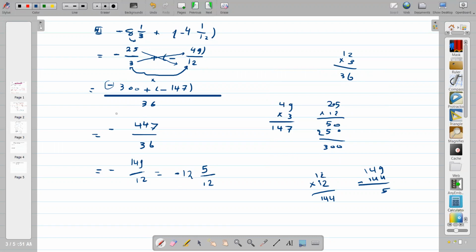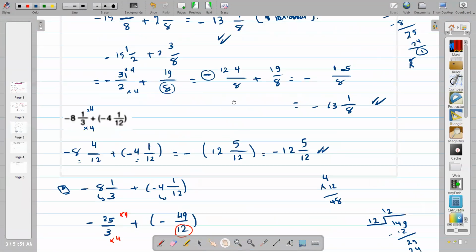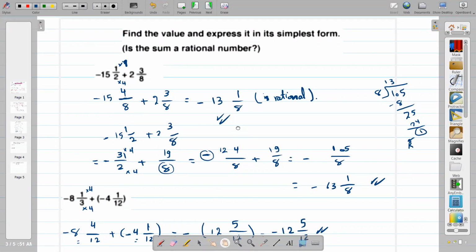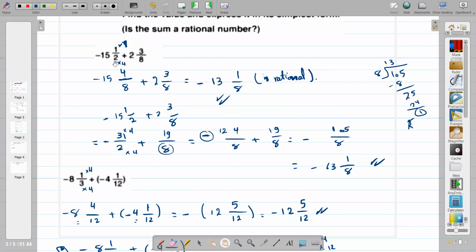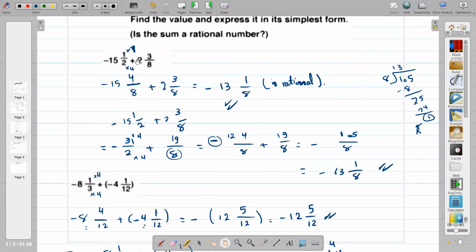So you can work it like this. We solved the problem using 3 methods. First, make the same denominator by multiplying by 4, without converting the mixed numbers.